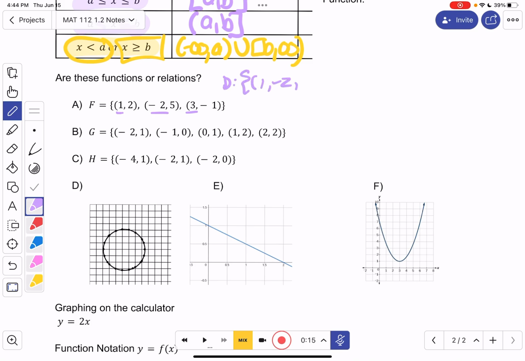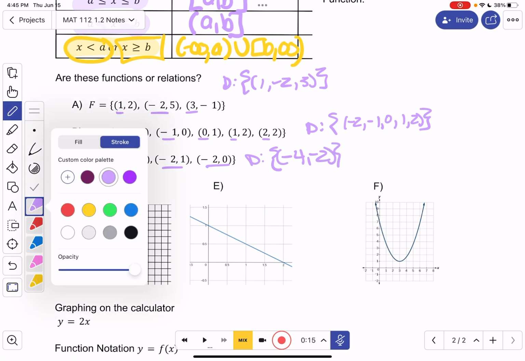For B, the domain is -2, -1, 0, 1, 2. For C, the domain is -4 and -2. We don't have to write the -2 twice.